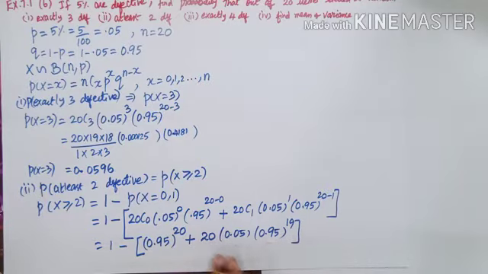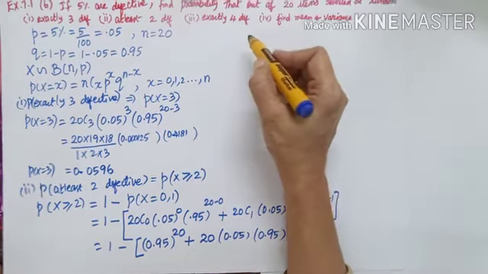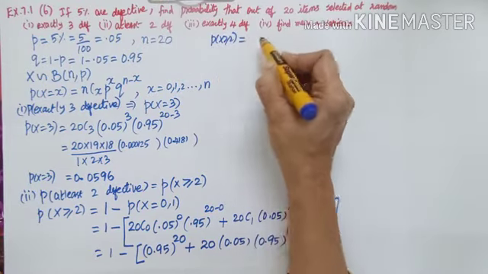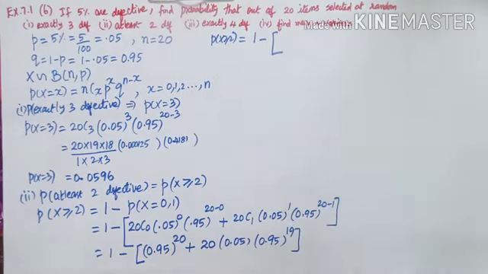Use calculator, first find this power 19. That answer multiply with these two. Then find 0.95 power 20. Add the 2 and then subtract from 1. So we get P of x greater than or equal to 2 is 1 minus.